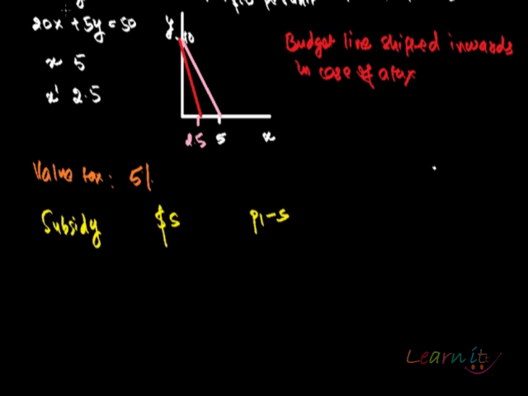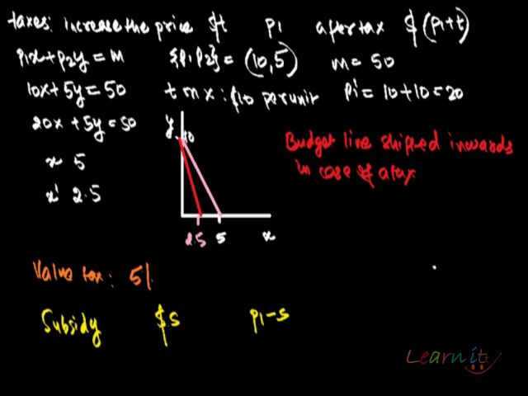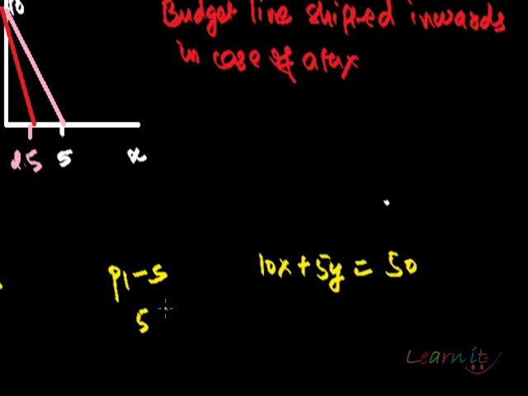Taking up the earlier example only, where you had 10x plus 5y is equal to 50, suppose a $5 subsidy is given on the consumption of good X. So the consumer has to pay only 5.